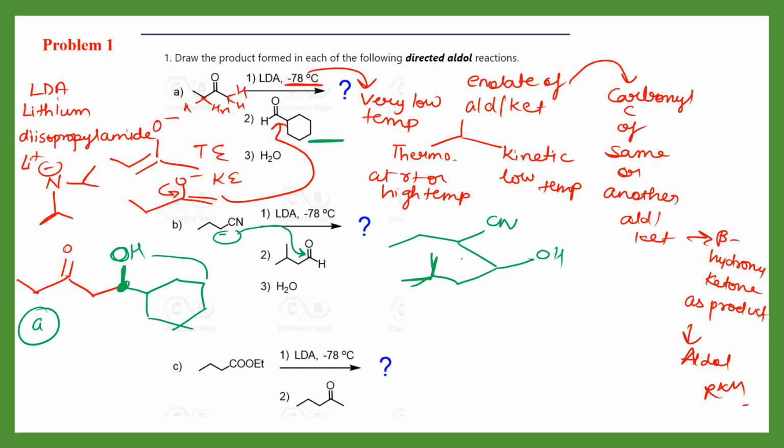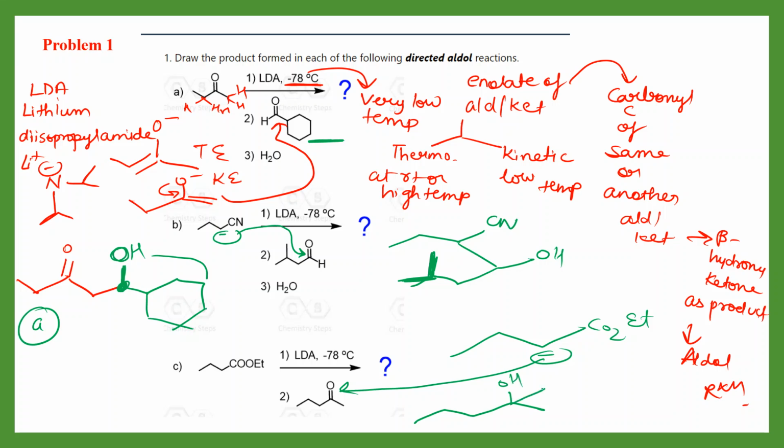So this is the product for your problem number B. And for this question, LDA will abstract a proton from here and attack here, giving CH2CO2Et. So this is the product in case C.